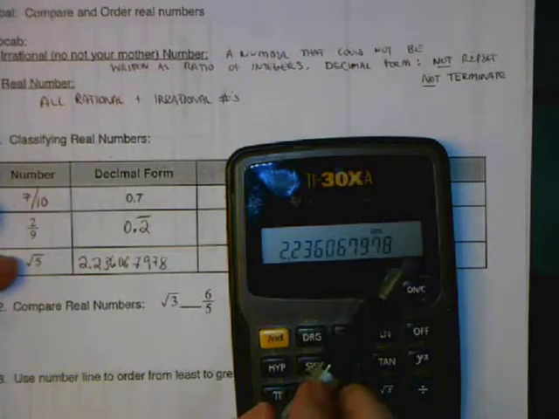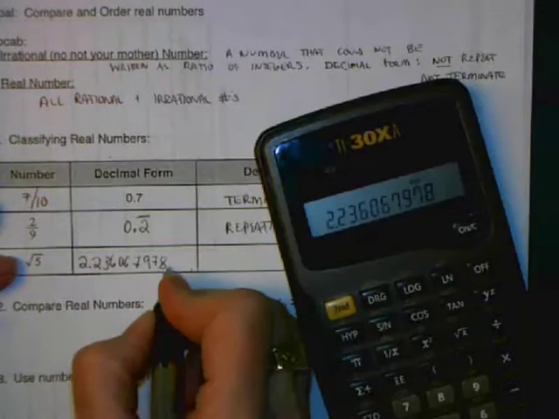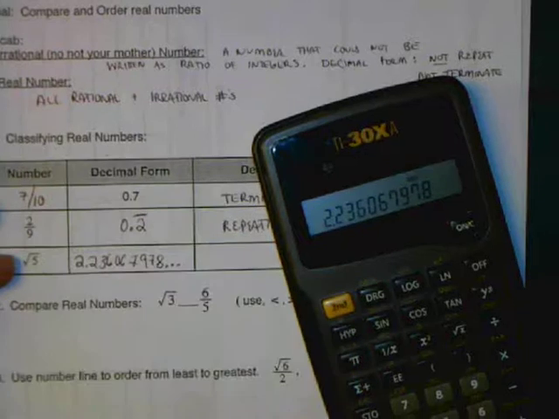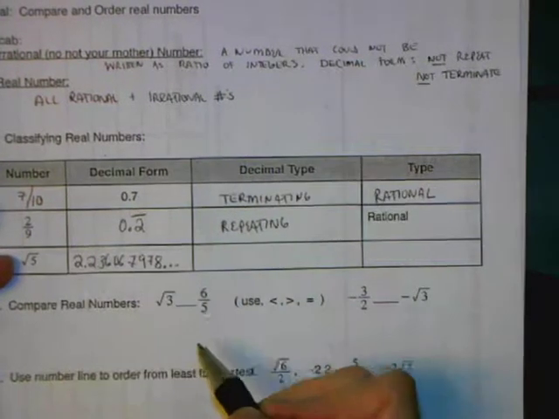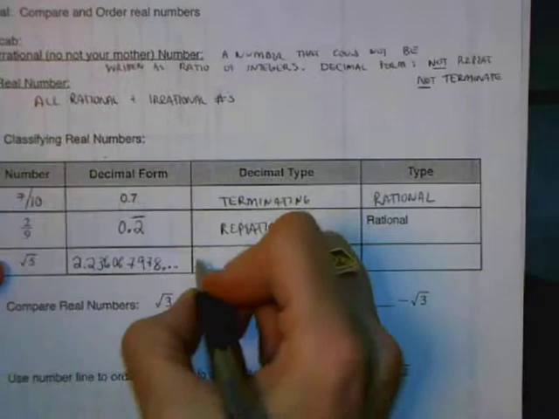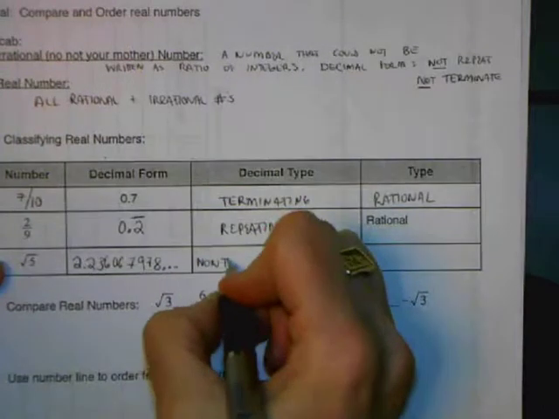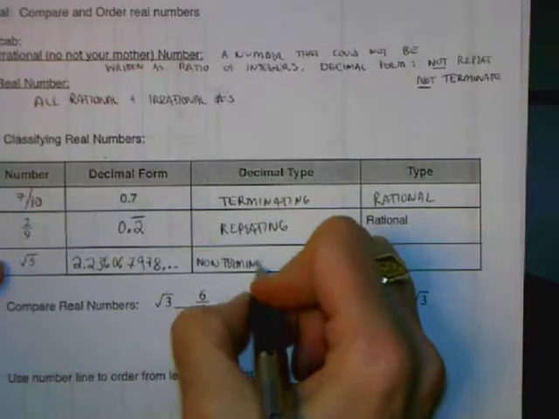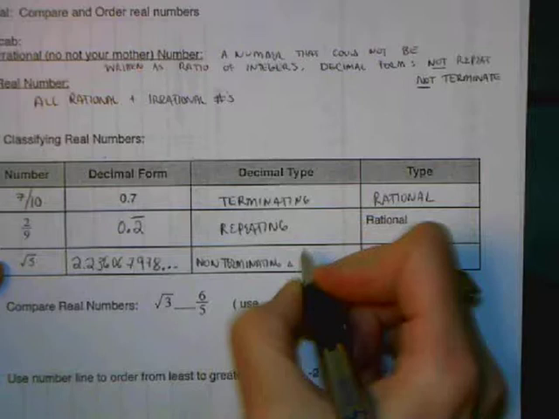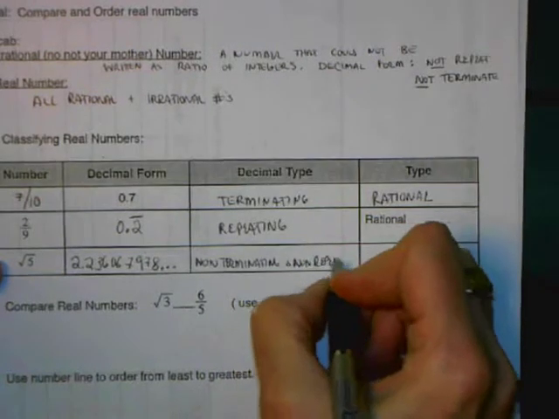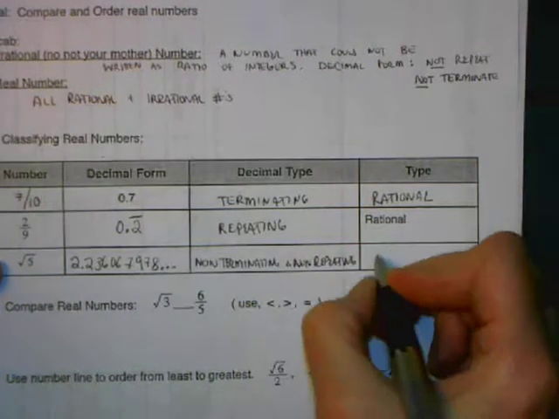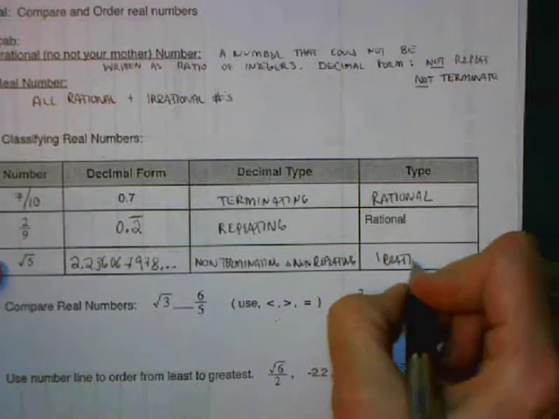It's just that my calculator's display ran out of room. So I'm going to put a dot, dot, dot to indicate that those numbers keep on going. I don't put a bar over any of them because they don't repeat. So we would say that this is non-terminating, it doesn't end, and non-repeating. This is how we know this is an irrational number.